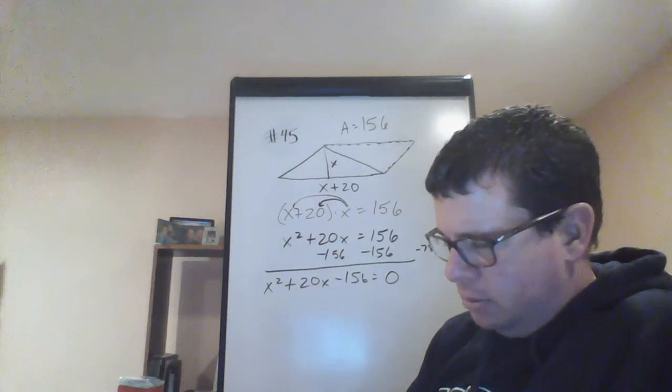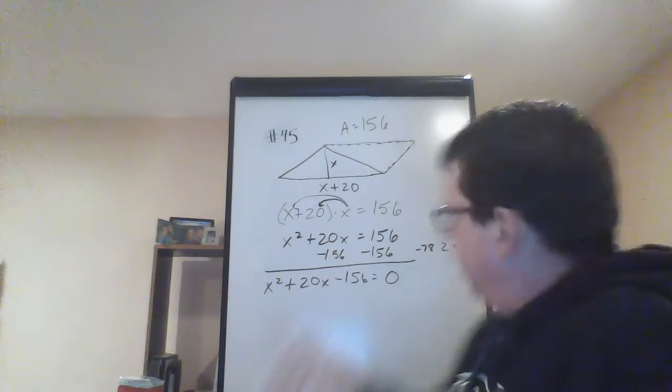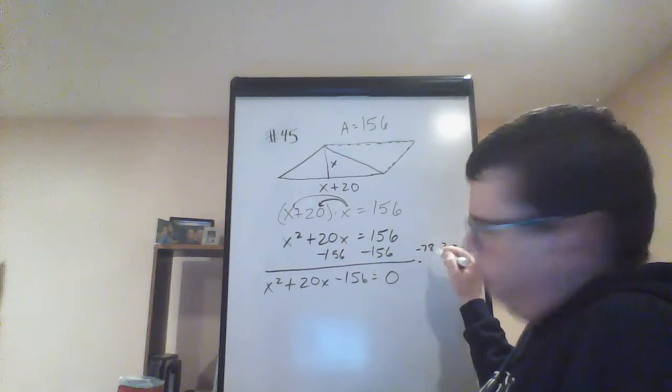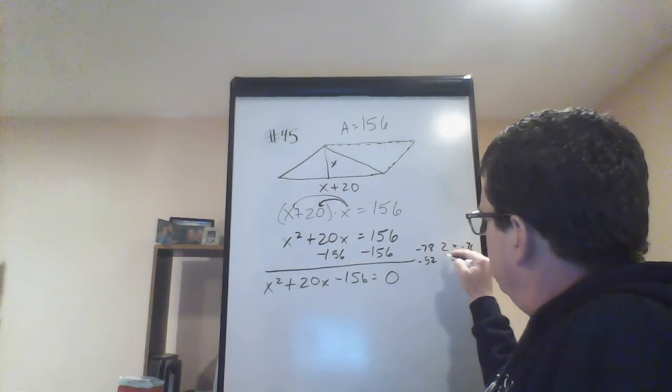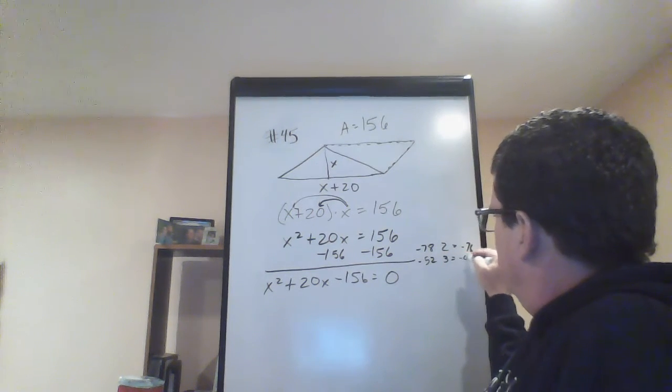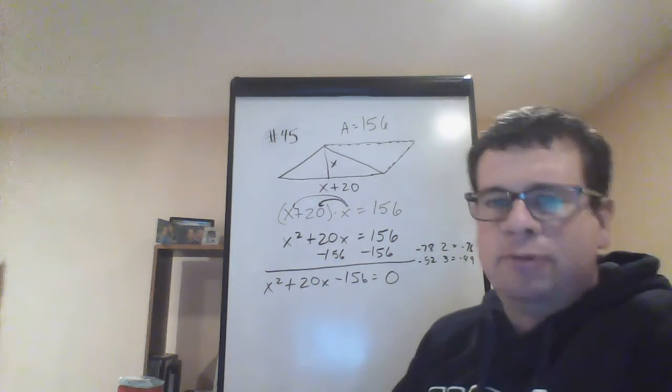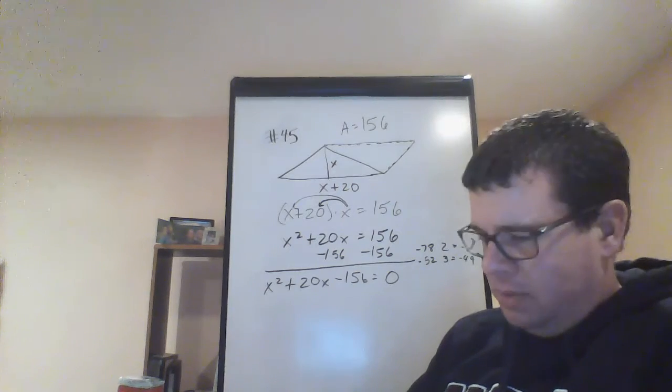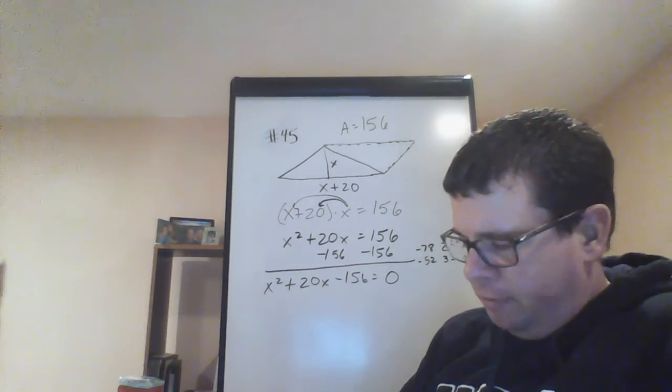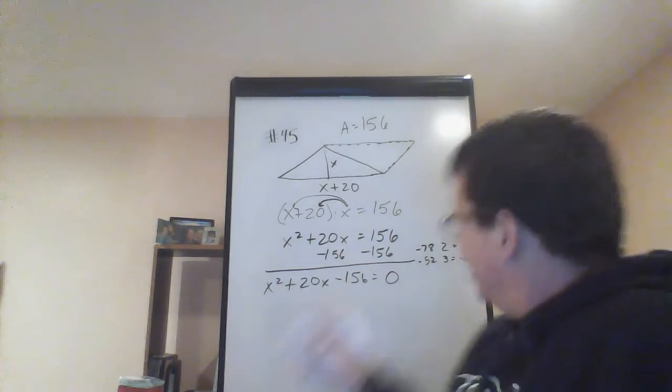156, I think that's divisible by 3. Yeah, I get 52 there, negative 52 and 3. Those add together to negative 49, not positive 20. Let me try 4, see if 4 goes into it, and it does.